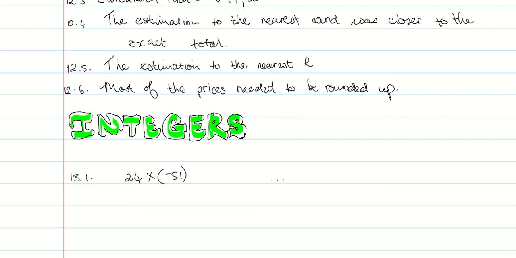When doing multiplication or division, a positive times a positive is a positive, a negative times a negative is a positive, a positive times a negative is a negative, and a negative times a positive is a negative.